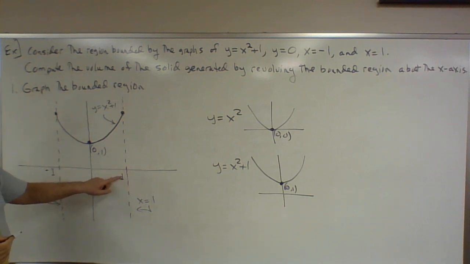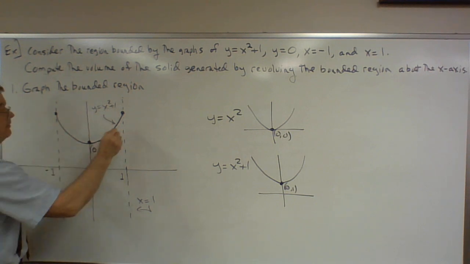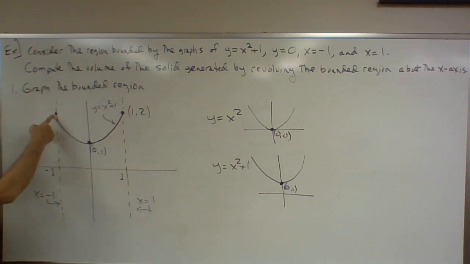Let's see, when x is 1, y is x squared plus 1, or 2. When x is negative 1, y is negative 1 squared plus 1, 2.